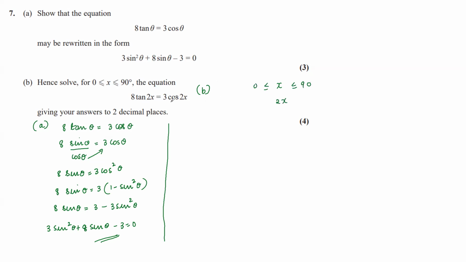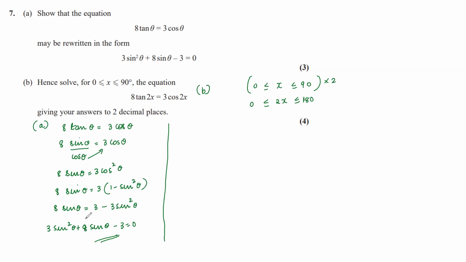Therefore, since we have 2x here, the range will be multiplied by 2. 0 multiplied by 2 is 0, and 90 multiplied by 2 is 180. So this will be the interval now.